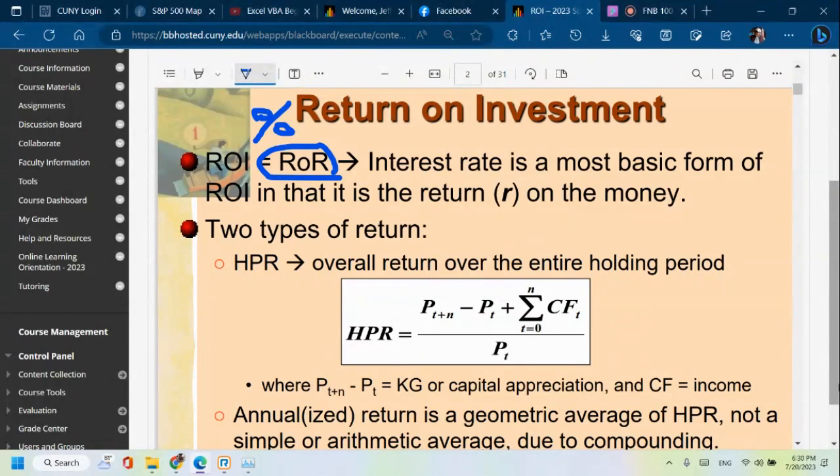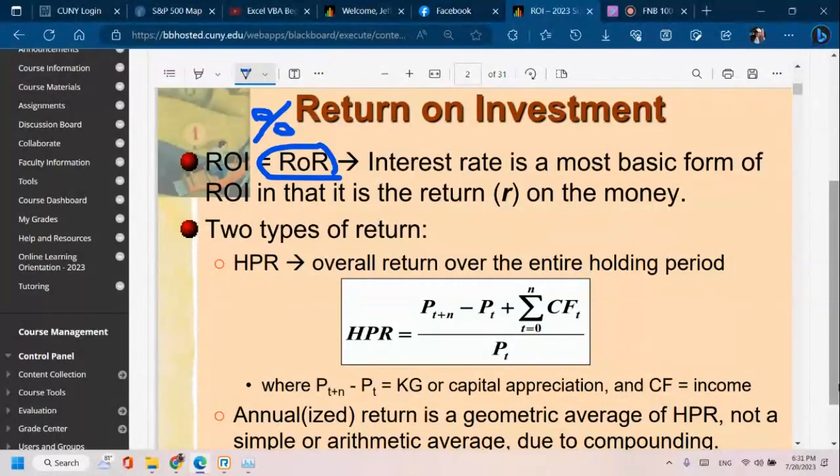A high quality borrower can always walk away and go to another bank that charges lower interest. But let's say this interest rate they charge is 10%.